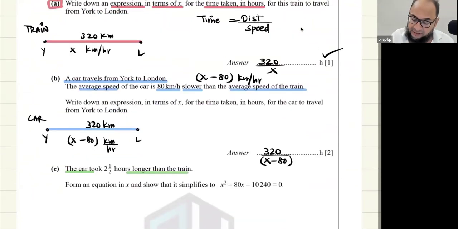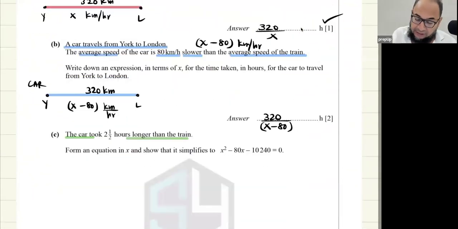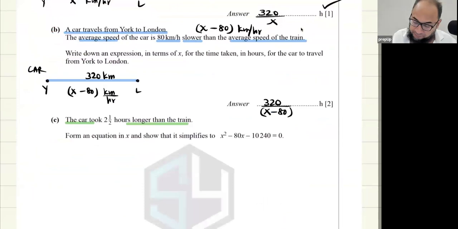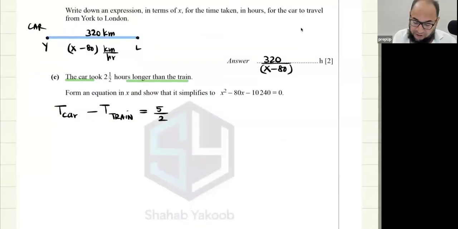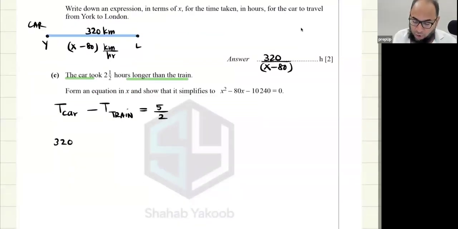Now this is the speed of car, the time taken by car. Time taken by car minus time taken by train should be equal to 2.5, which is 5 over 2 of an hour. For the car, this is 320 over x minus 80, minus 320 over x, this equals to 5 over 2.